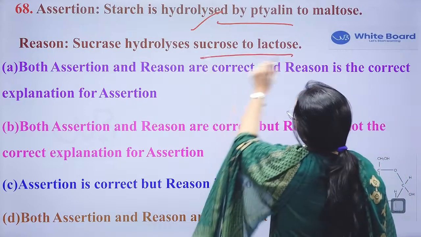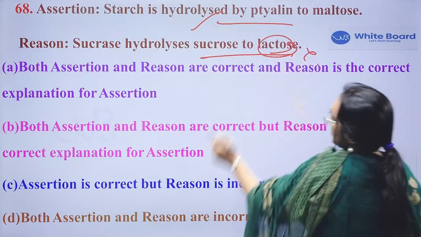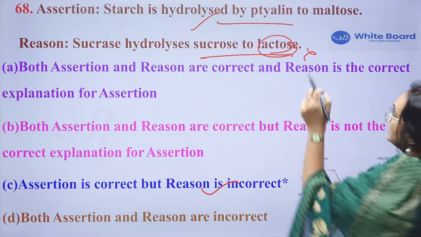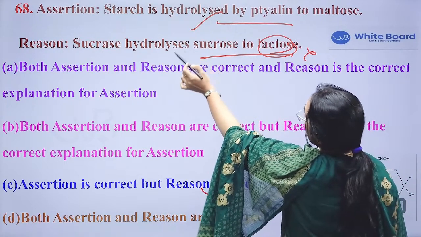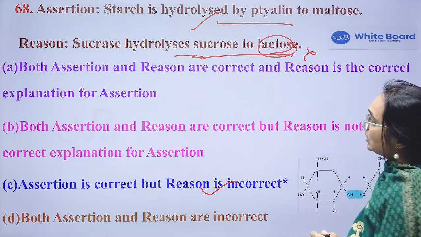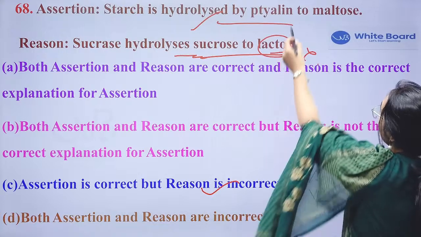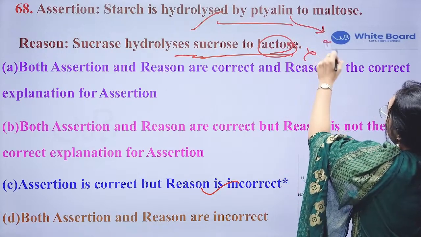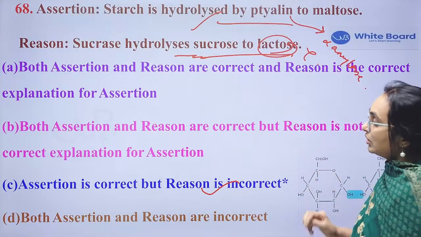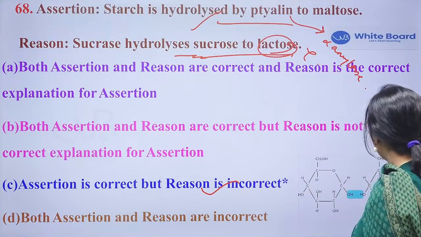Hydrolyzes sucrose to lactose, no. So, here A is correct and R is wrong. Sucrase is an enzyme which hydrolyzes sucrose to glucose and fructose, so that is not correct. Starch is hydrolyzed by thiolin, which is an alpha amylase enzyme. So, here A is correct, R is wrong.